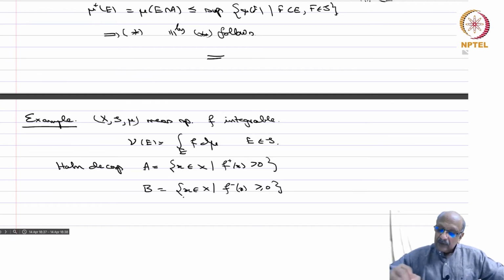Similarly in B, the measure will be negative, because F equals F minus, and therefore this will be true.